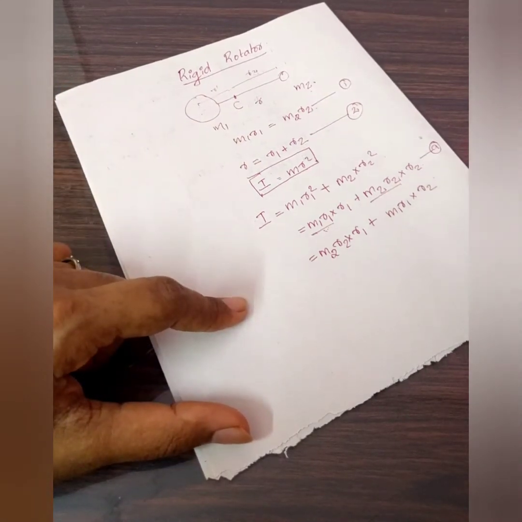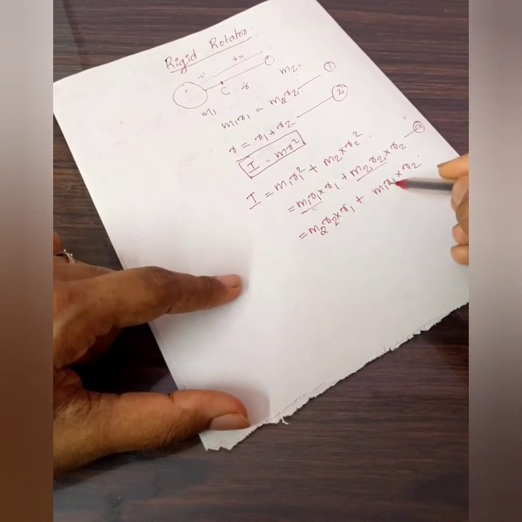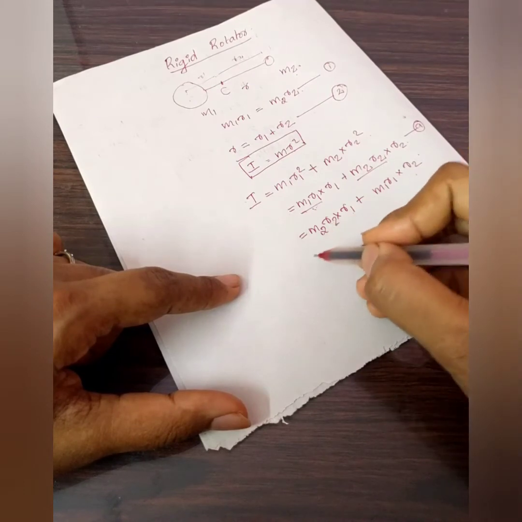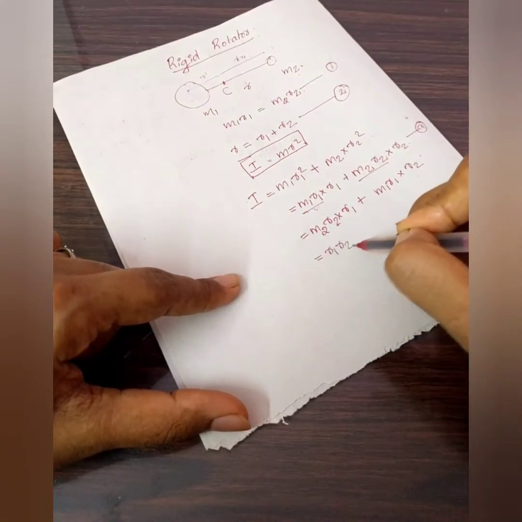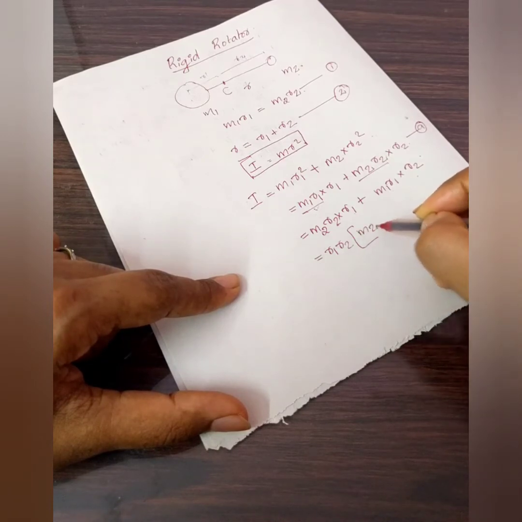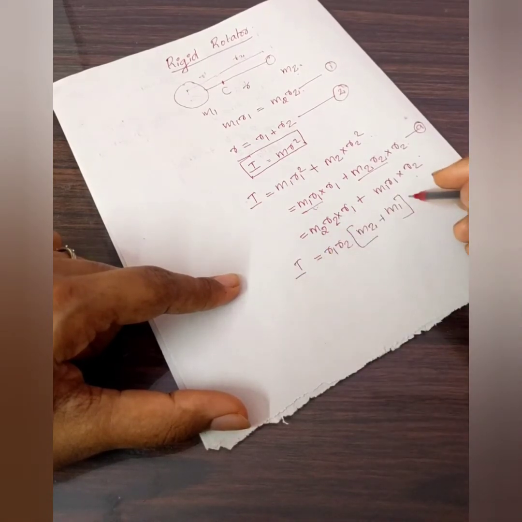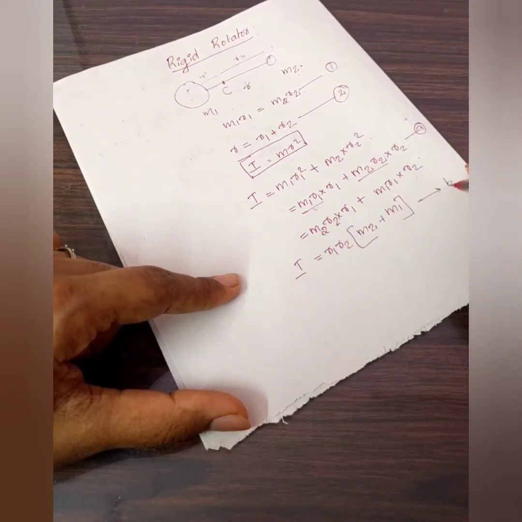So now you will be getting r1 r2 here and here also r1 r2. Now you can take that r1 r2 common. So here you will be left with m2 and here you will be left with m1. Let this be our equation number B.